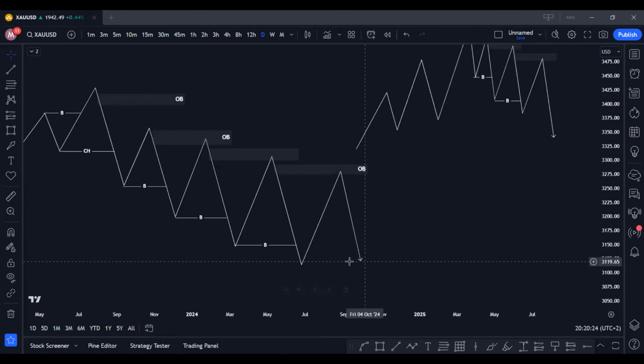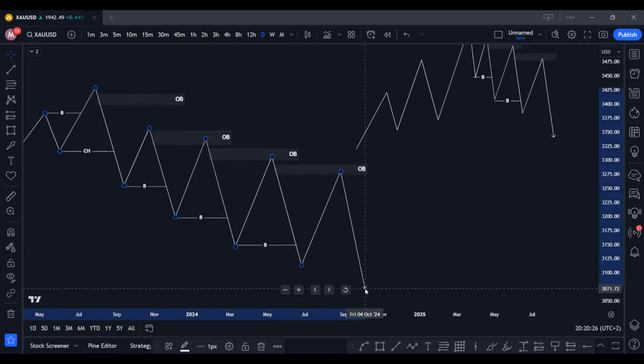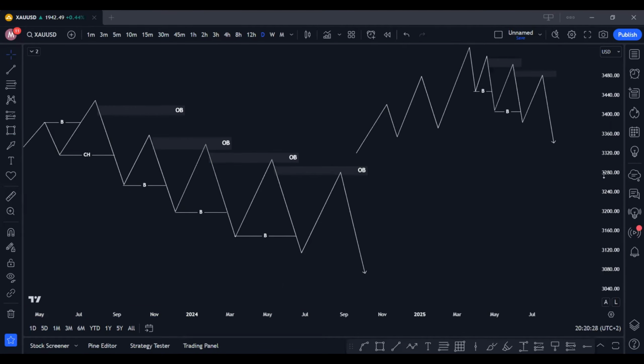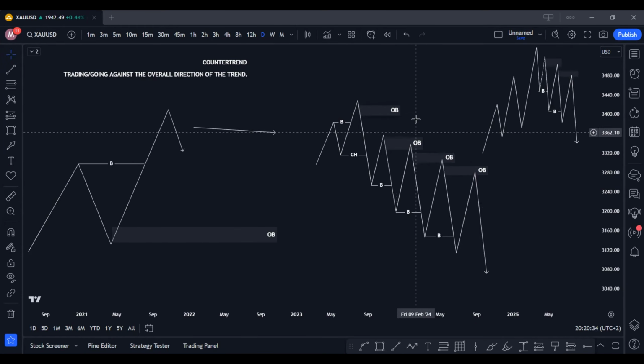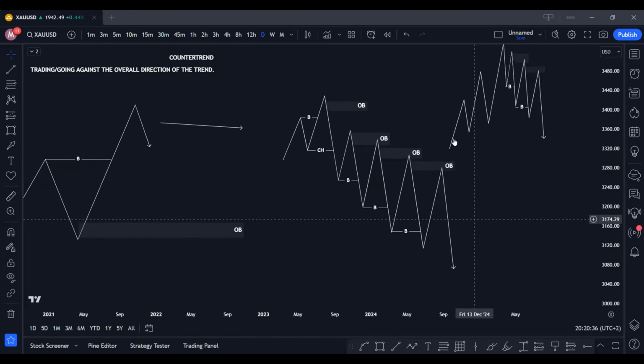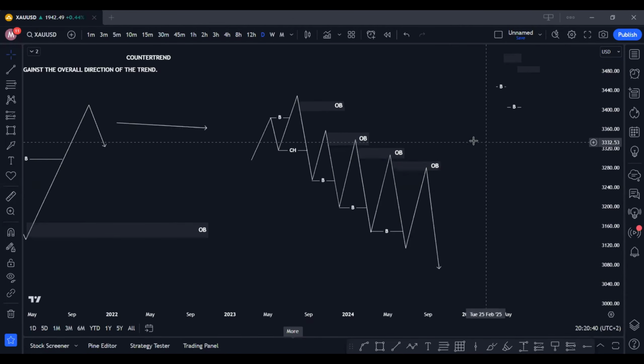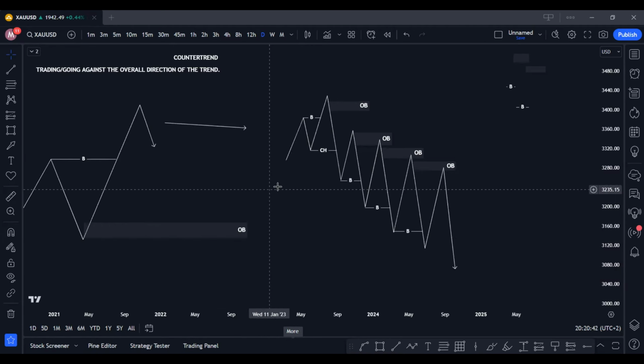So mind you that now that you know how counter trend and pro trend works, this example here, okay, let me just remove this, okay? So this example here is what's going to happen.